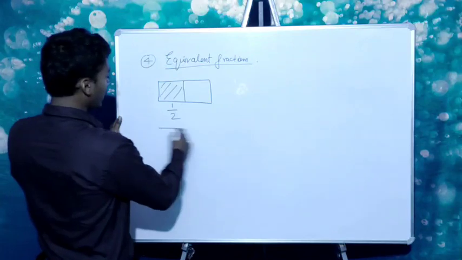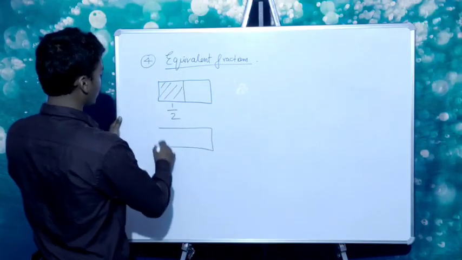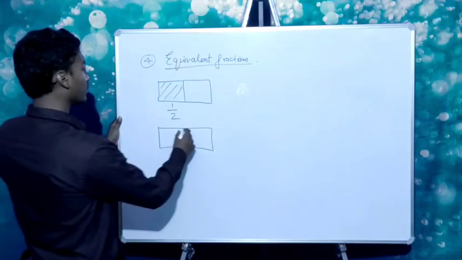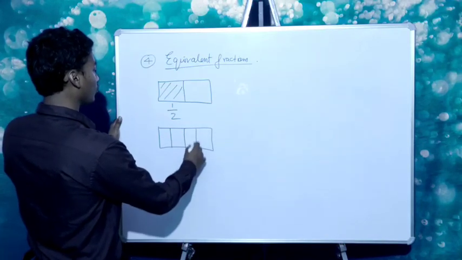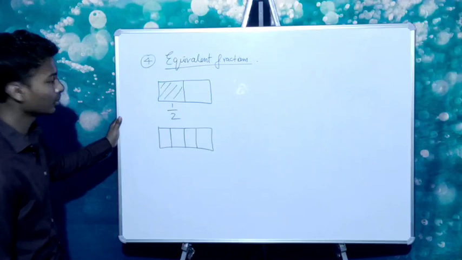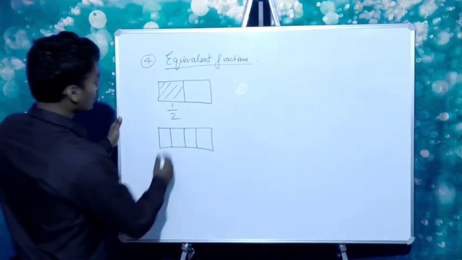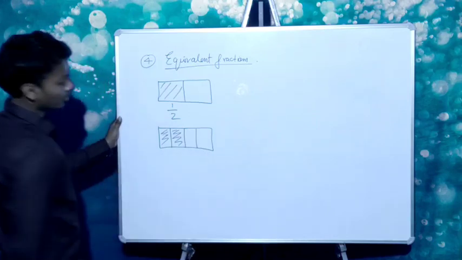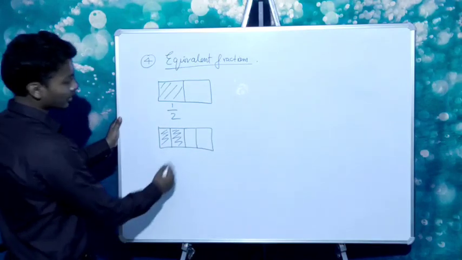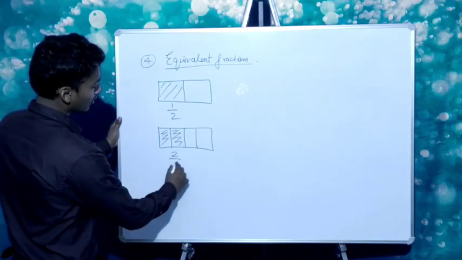Now if I take the same rectangle and divide it into 4 parts, I'll take 2 parts here, so it will be 2 by 4.